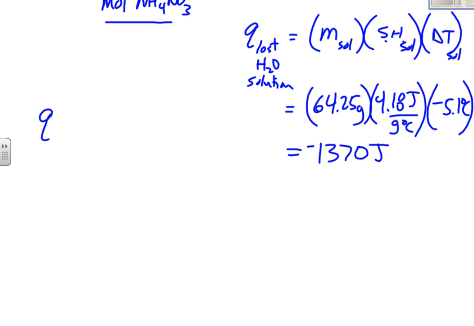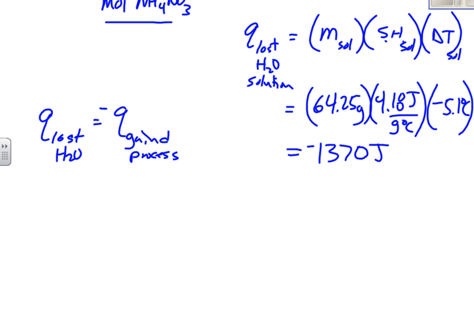The Q lost by the water, or the solution, is equal to the Q gained by the process, in this case the dissolving. And it should actually be the opposite, right?